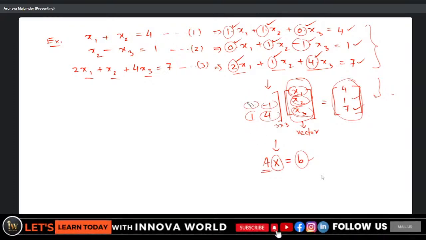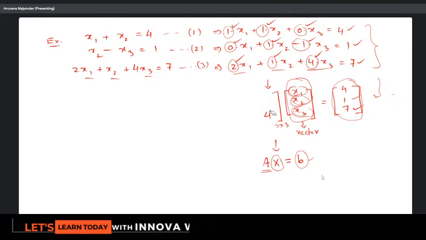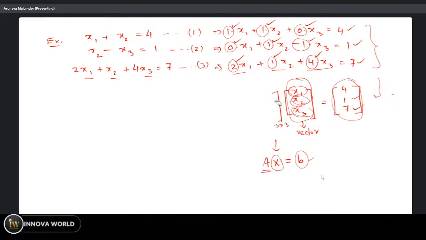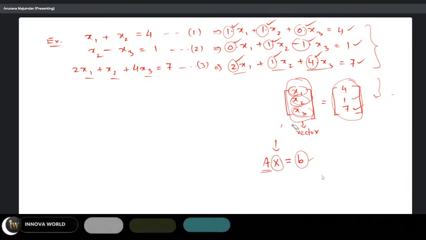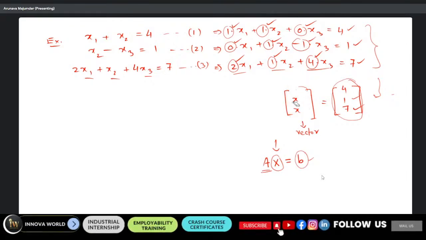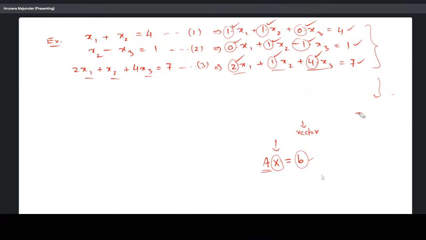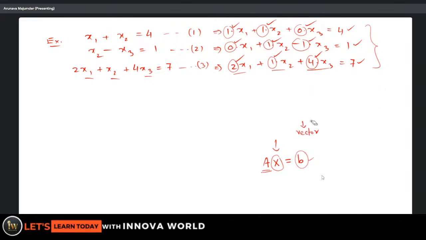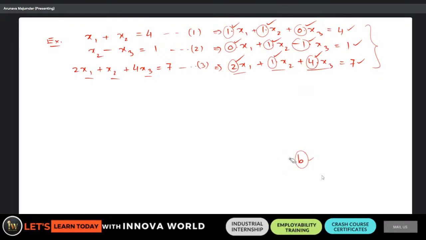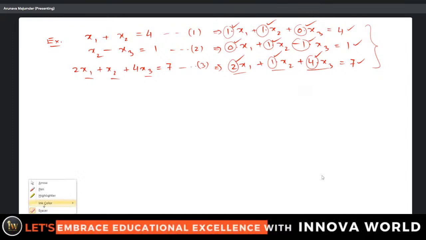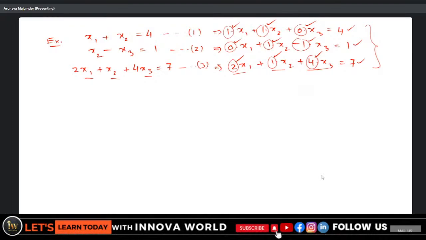There are a lot of examples I have to show you, because this is very important for any kind of competitive examination. You need to check whether systems of equations have a solution or not. From this topic you will get many MCQ questions, not only in competitive examinations but also in your semester exams. System of linear equations is equally important for any project work.